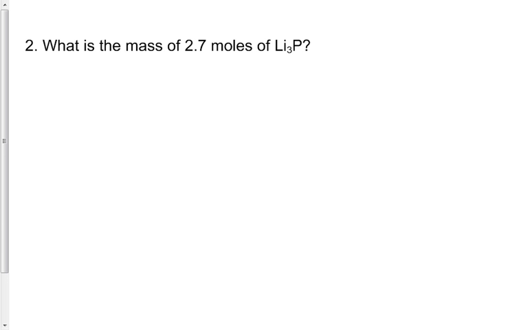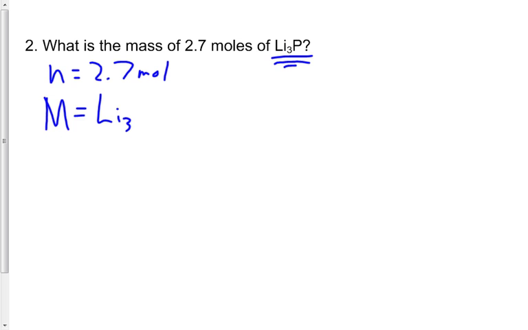Question number 2, and again, guys, remember that I told you yesterday, on the unit exam and probably on a quiz, I will not give you the formula. I will write it in words and see that you can do your swaps and drops and write formulas correctly. They give us in this one the number of moles. And they give us the ability to calculate big M because they tell us that it is Li3P.